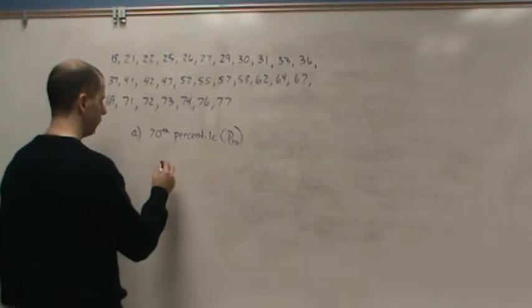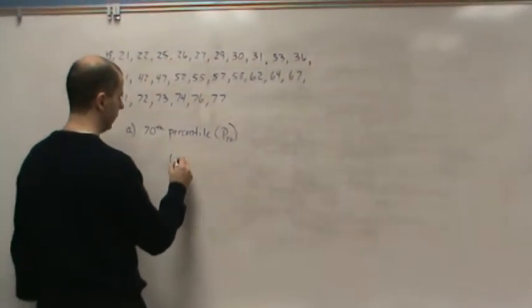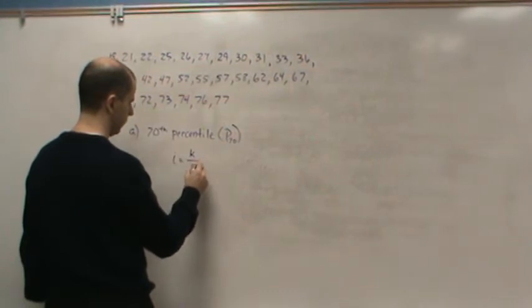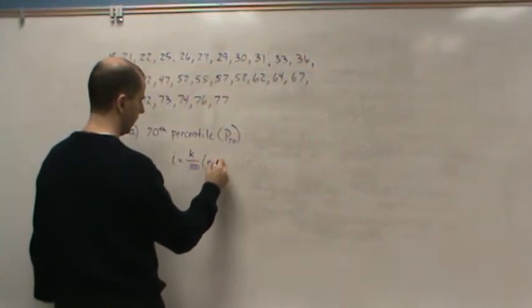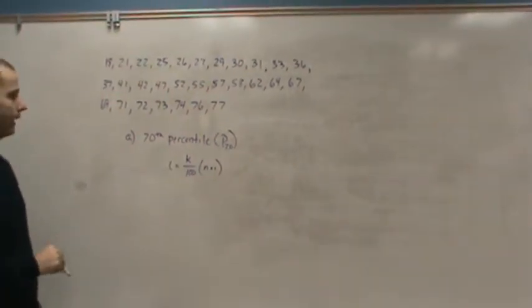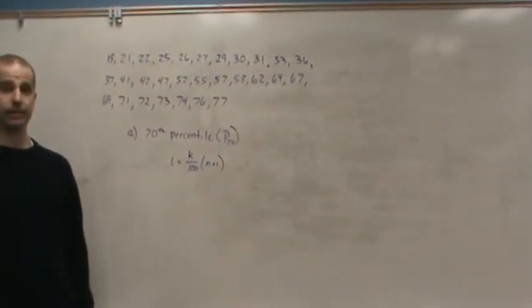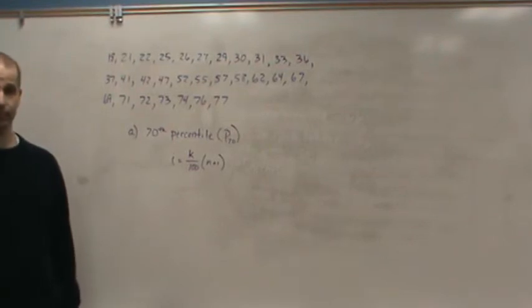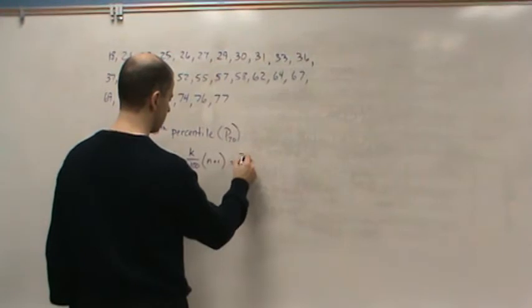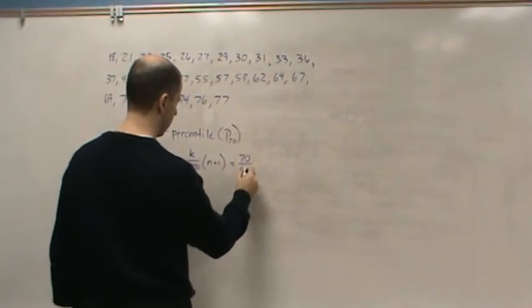The formula is i equals k over 100 times (n plus 1). What is k? k in this instance is 70, so we're going to plug in 70 divided by 100.